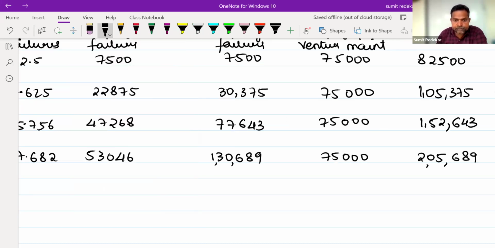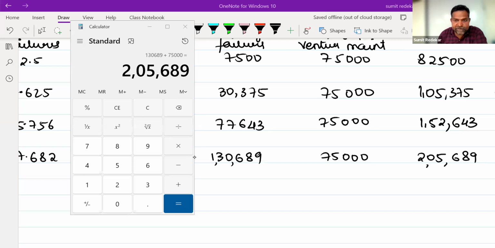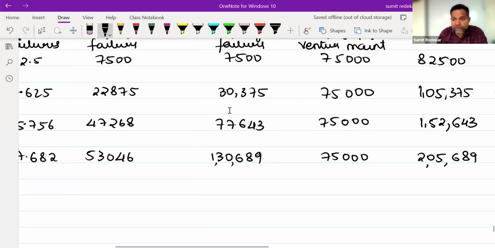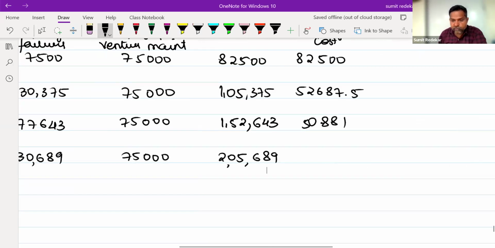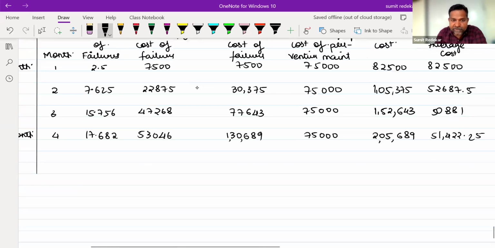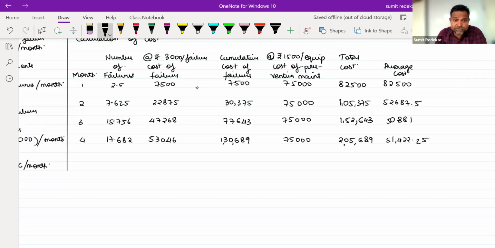Add 75,000, 205,689. Average, that has to be divided by 4. 51,422.25. It has started to increase. Then we'll definitely say that group replacement every 4 periods is not the best idea.